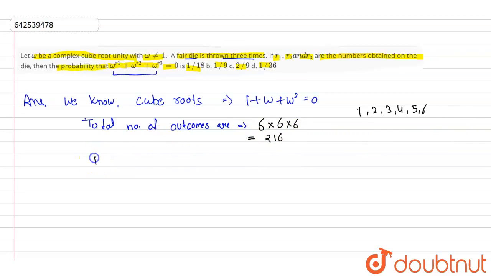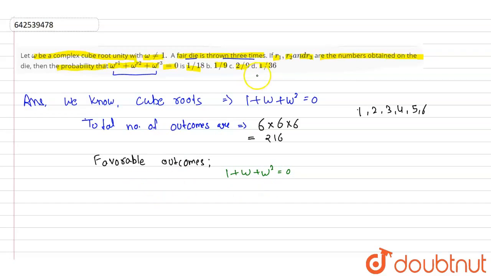Now we need favorable outcomes. For favorable outcomes, what we need is that omega to the power R1 plus omega to the power R2 plus omega to the power R3 must be 0. As we know, 1 plus omega plus omega square is equal to 0.